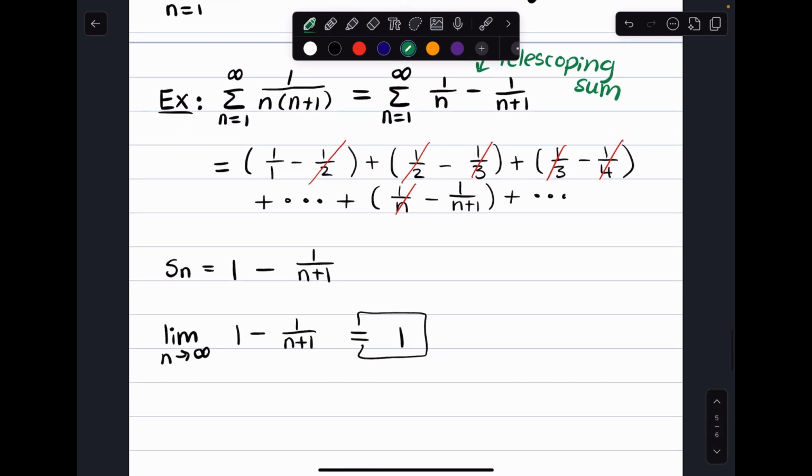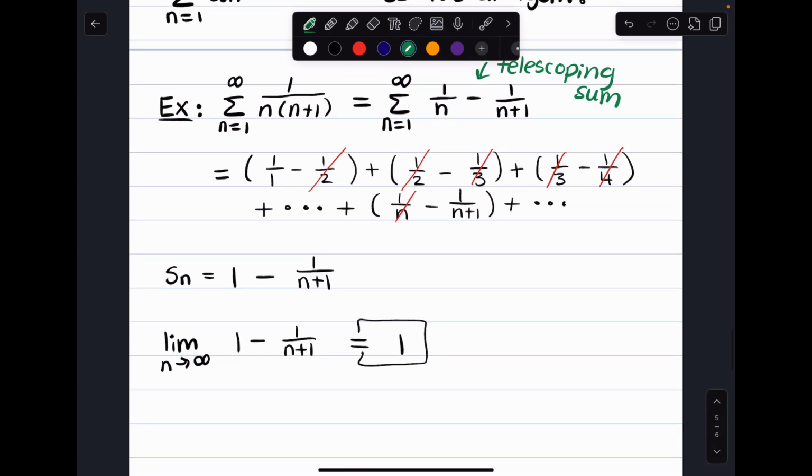All right, so that's a special type of series where this very special thing happens, where if we write out a lot of the terms, we will see that we have this really nice cancellation that then allows us to find our s sub n in this really nice form that we can evaluate the limit.